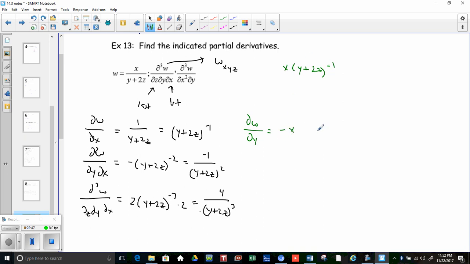So negative x, y plus 2z now to the negative 2 times the derivative of y, which is 1. So here we get negative x over y plus 2z. And then we want to do the partial with respect to y, and then 1 of the dx.